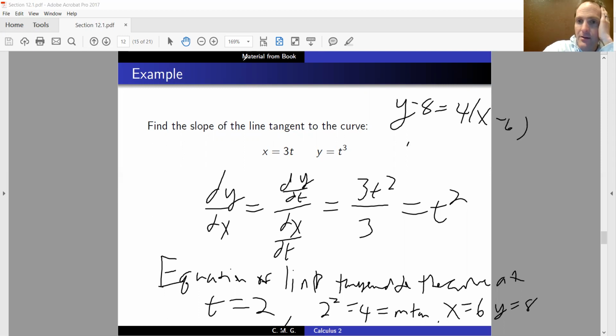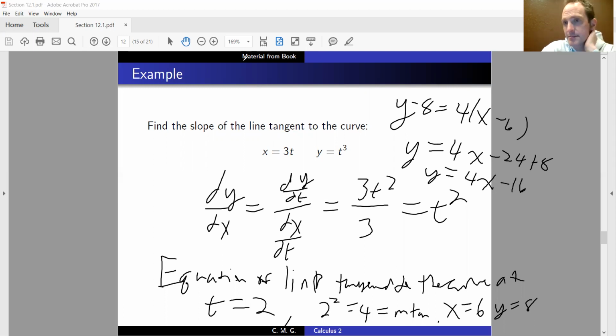And that's going to give me y equals 4x minus 24 plus 8, or y equals 4x minus 16. Okay, so that is apparently the equation of the line tangent to this curve at the point t equals 2.